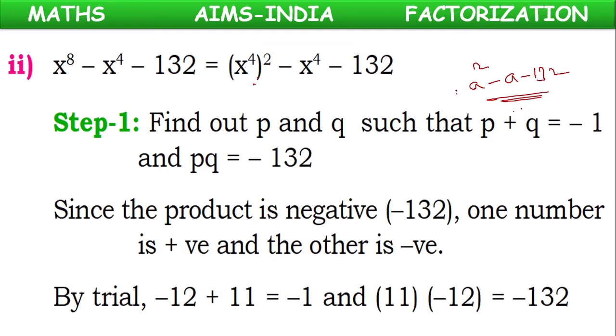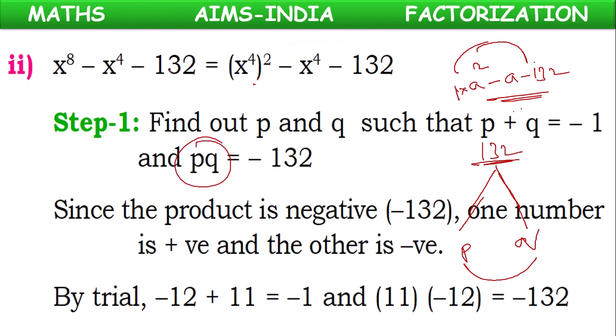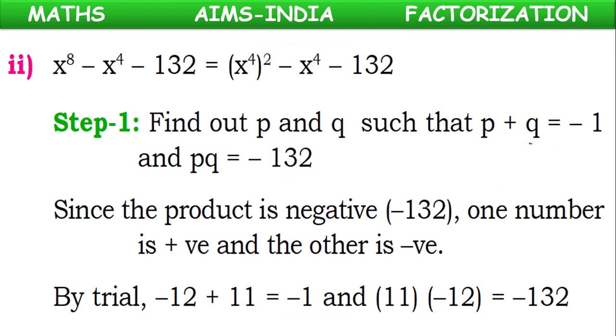Now here coefficient is 1, product of AC. We need 132. This 132 to be split into two terms, P and Q, such that their product is, sorry children, here minus 132. Product to be minus 132 and sum to be middle term coefficient minus 1. Like that we have to take the numbers.